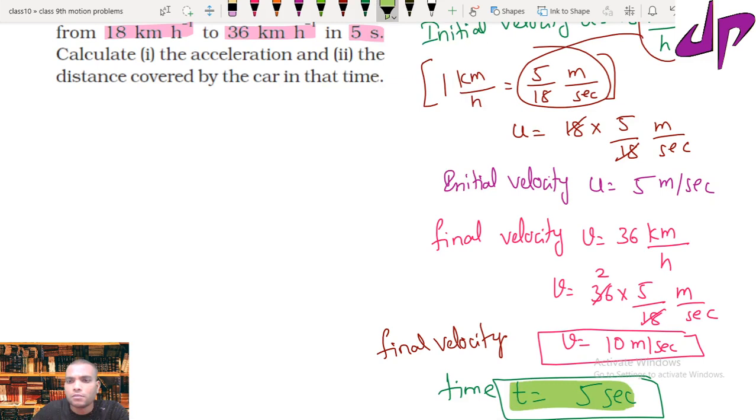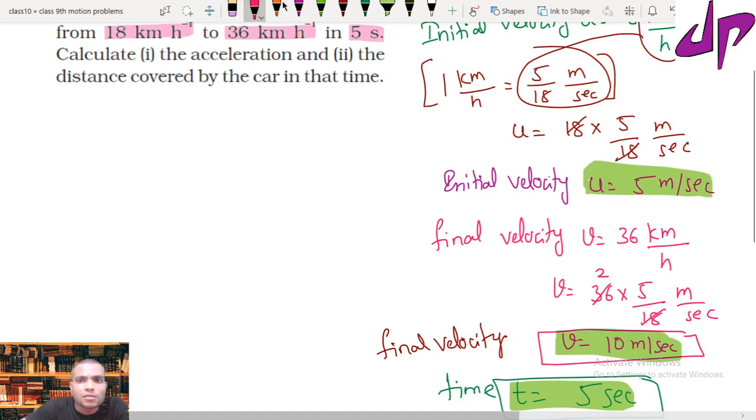So this is the time, this is the final velocity we converted in meter per second, and this is the initial velocity. Now to calculate acceleration, you can take the first equation of motion.